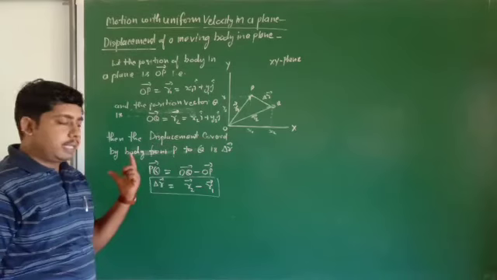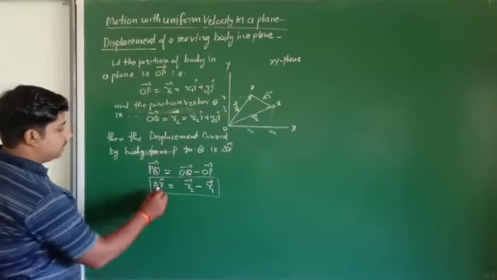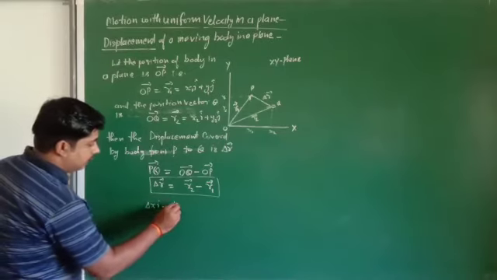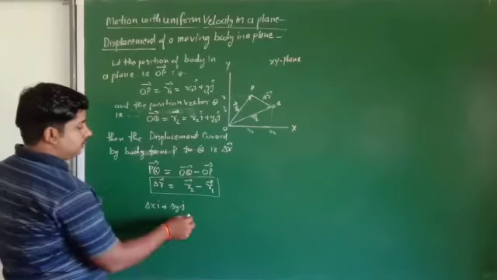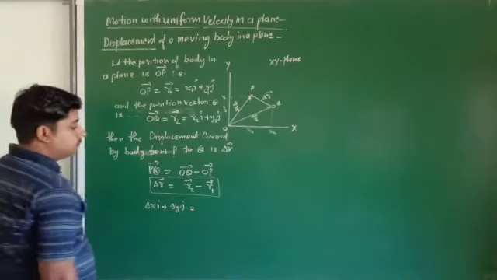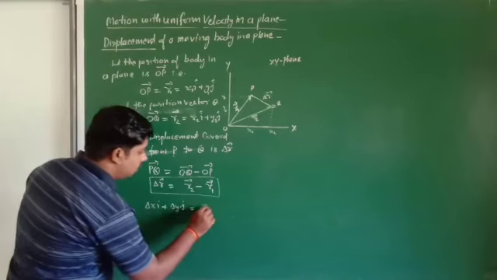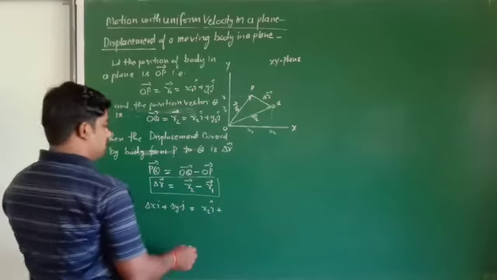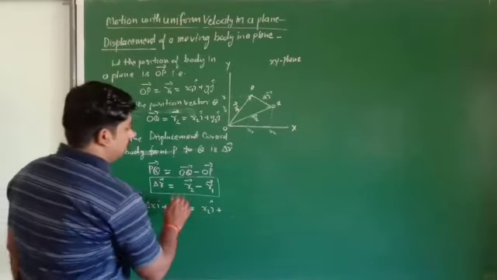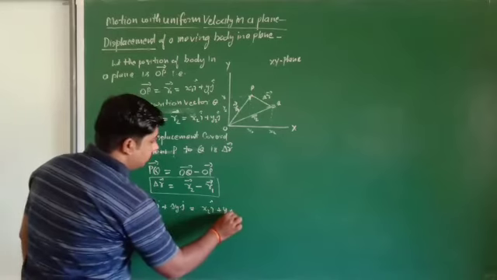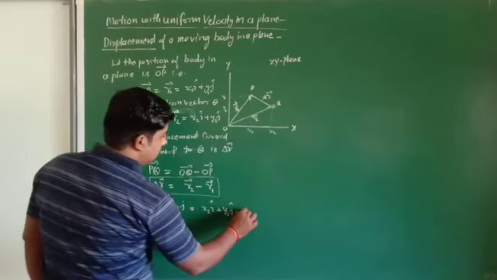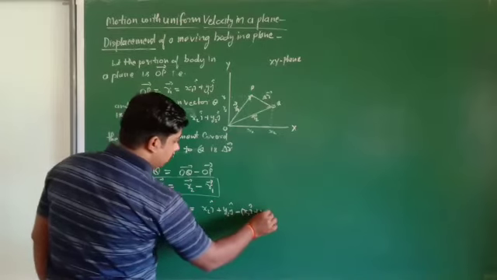In rectangular component form, this is delta x i plus delta y j, which is equal to x2 i plus y2 j minus x1 i plus y1 j.